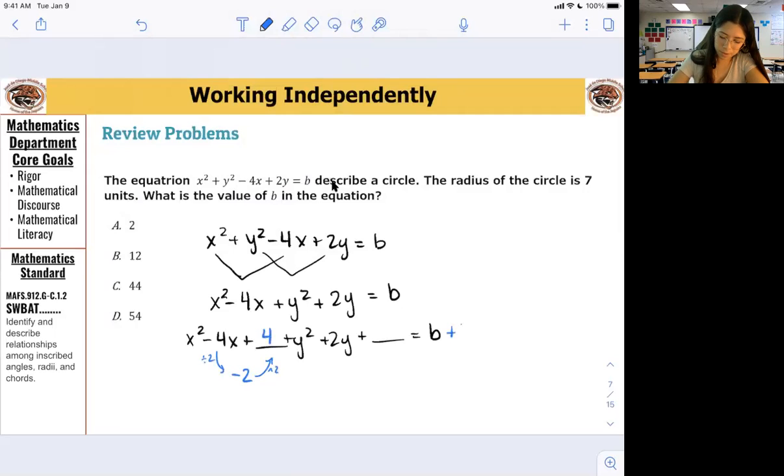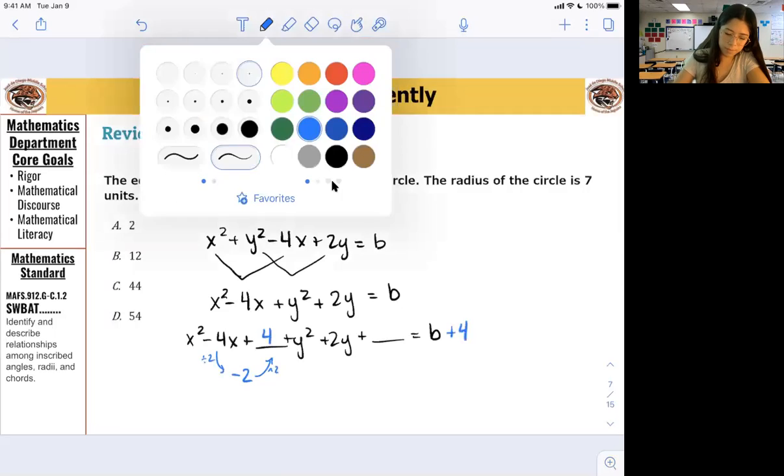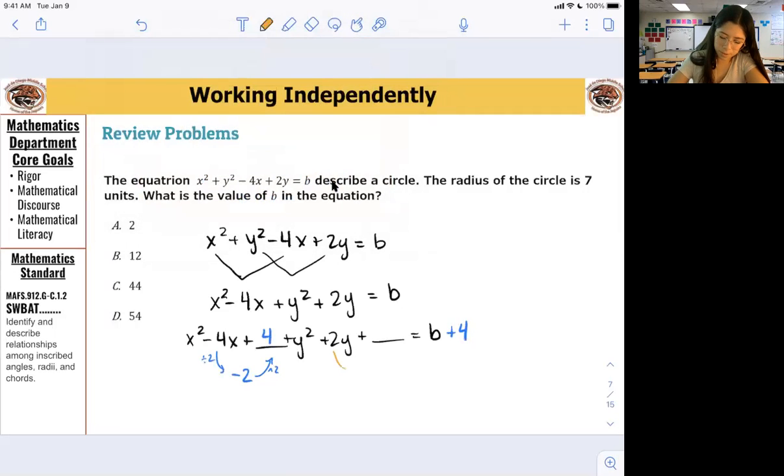So +4. And then what's my magic number for the y's? 1. Kind of similar to the previous problem, a little bit different.